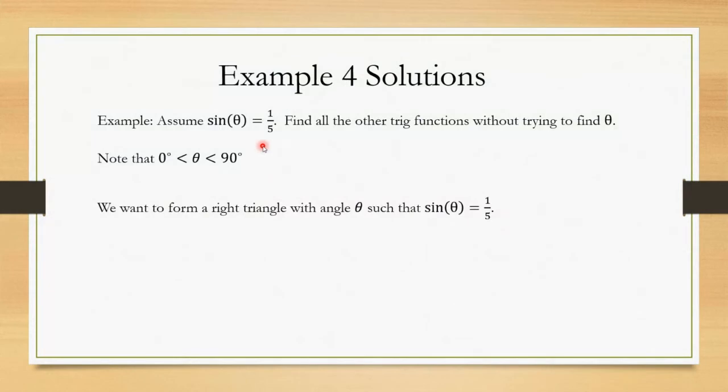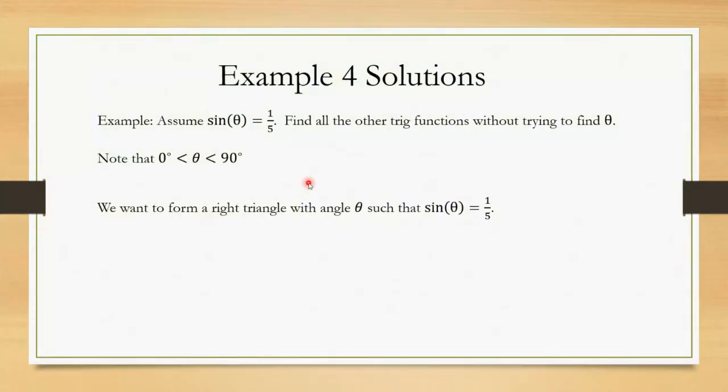Here, basically, we know that a trig function at an angle is a fifth. So sine of theta is 1/5. We do know that theta is between 0 and 90 degrees, so it's acute. An angle is acute if it's between 0 and 90 degrees.